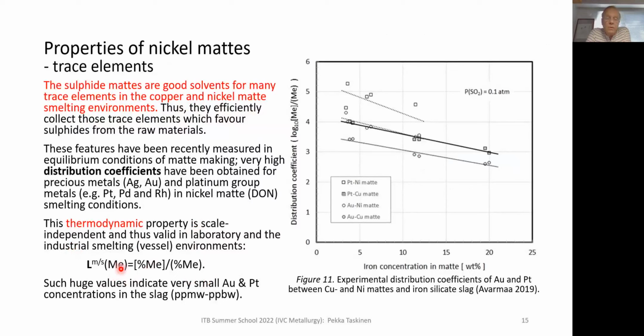So here it is defined as weight percent of that minority metal in matte divided by its weight percent in slag, and this is a parameter which can basically be calculated if we know all the individual properties of this metal Me in the slag and in the matte, but we don't know those with a reasonable accuracy, and that is why we measure these ratios directly in laboratory conditions.